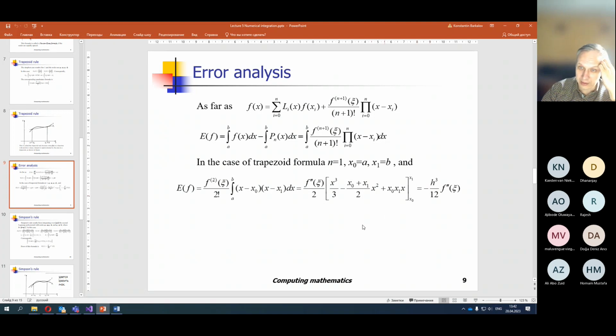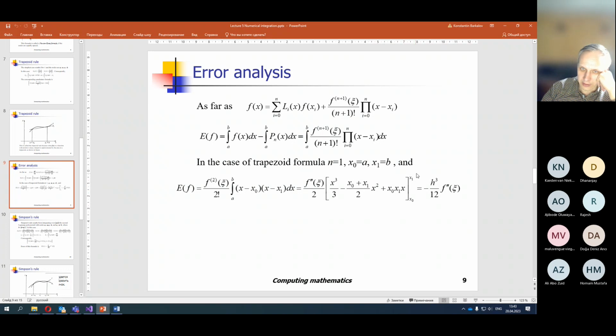But this error corresponds to only one interval between x0 and x1. If we consider the error on the interval from x1 to x2, the error from x2 to x3, the error term from x3 to x4, in this case, we should summarize all these errors.